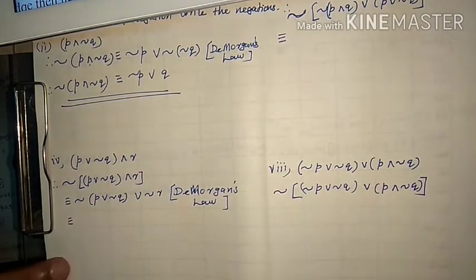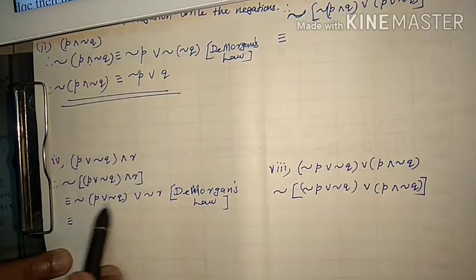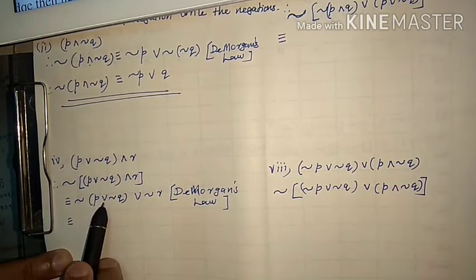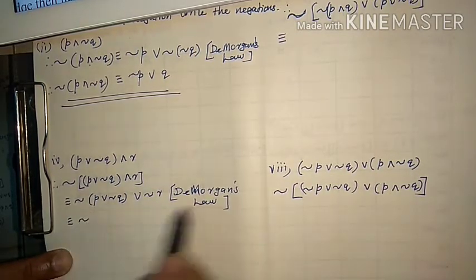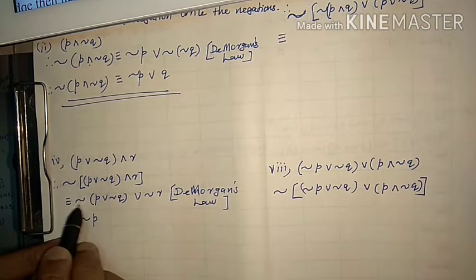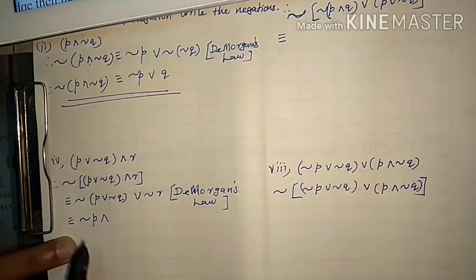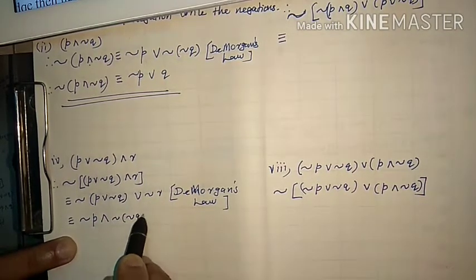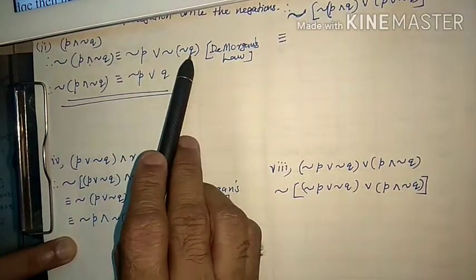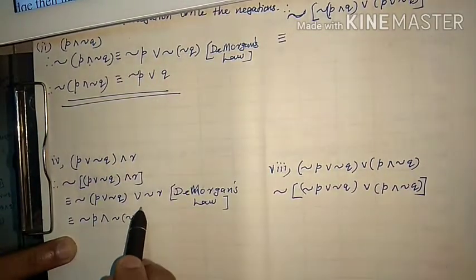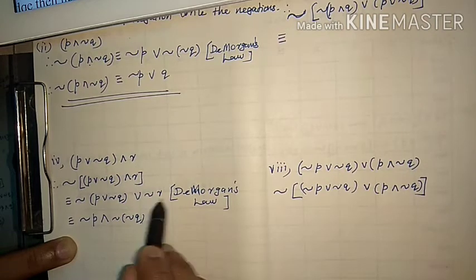Now this is equivalent to, again we are using the same formula. Negation P, negation Q, disjunction becomes conjunction. Negation of negation Q is Q itself. That one. This disjunction, negation R.